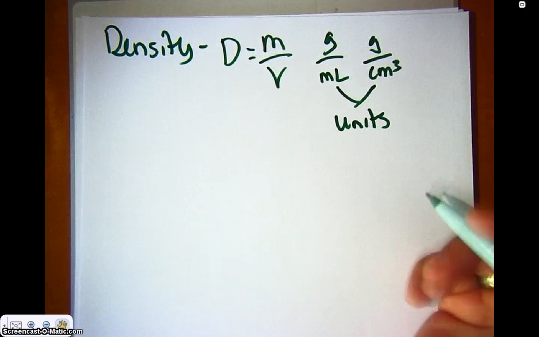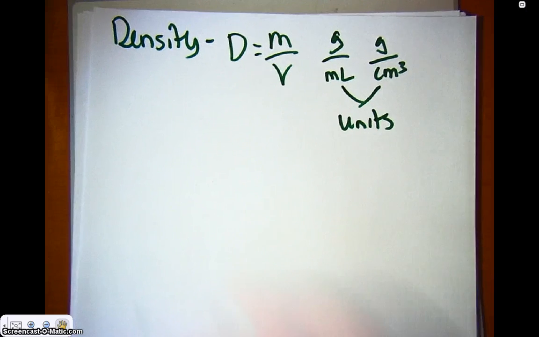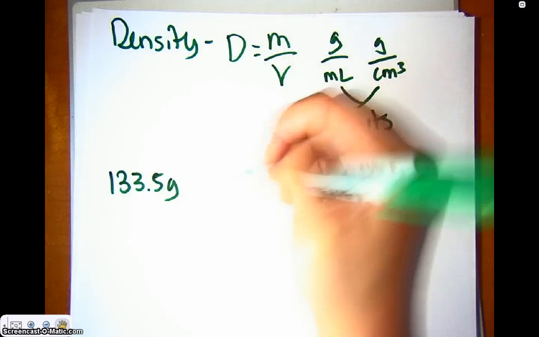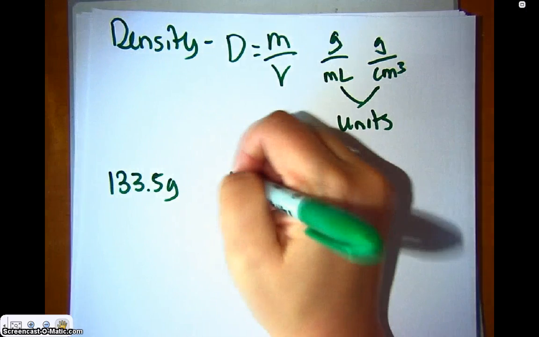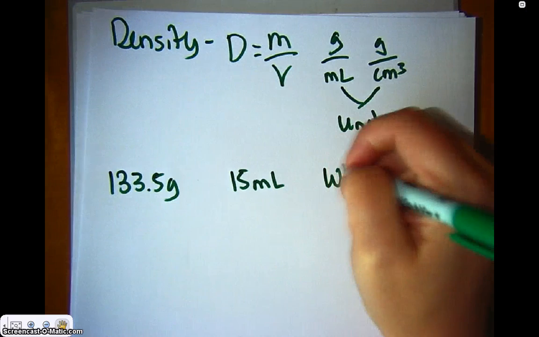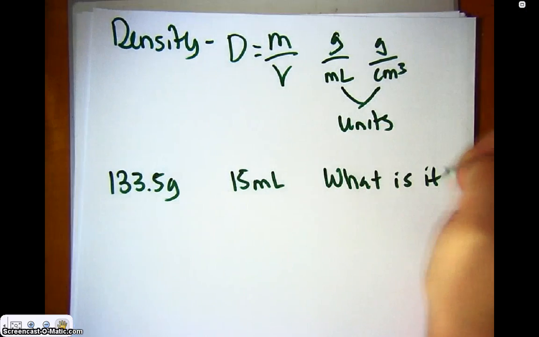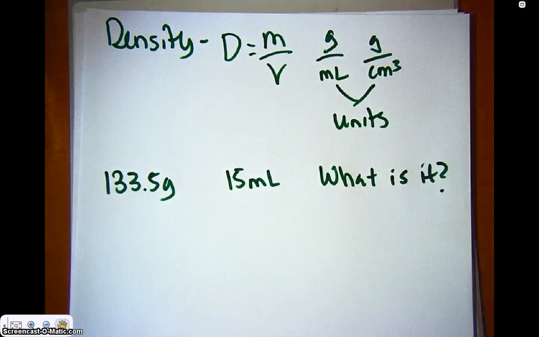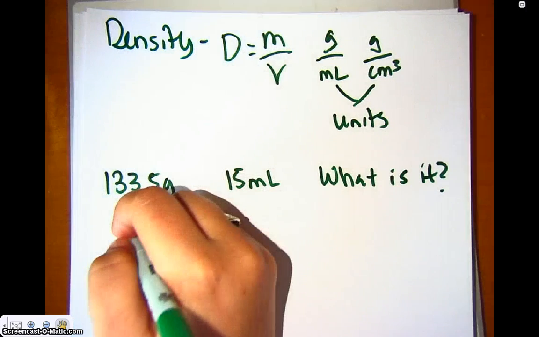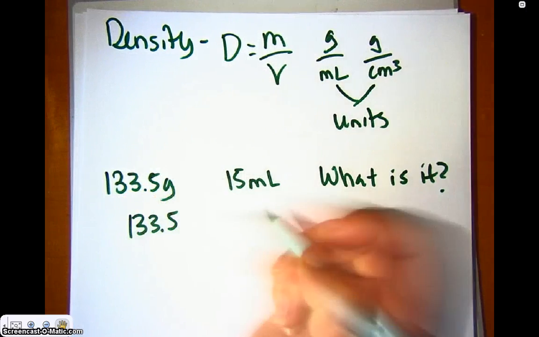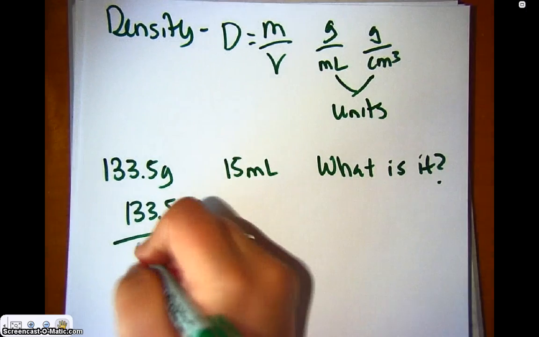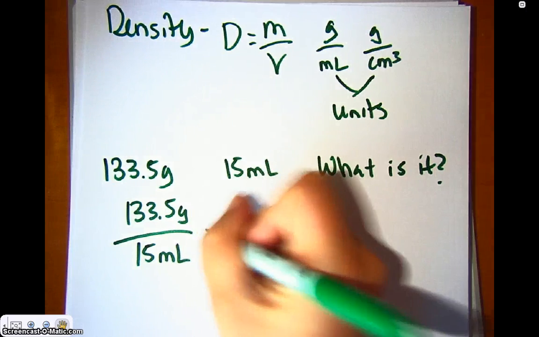So let's say that we have an unknown metal, and it has a mass of 133.5 grams, and it has a volume of 15 milliliters, and we want to know what metal is it. So again, we can use density to identify a substance. So we're just going to take the mass of 133.5 grams and divide it by the volume of 15 milliliters.